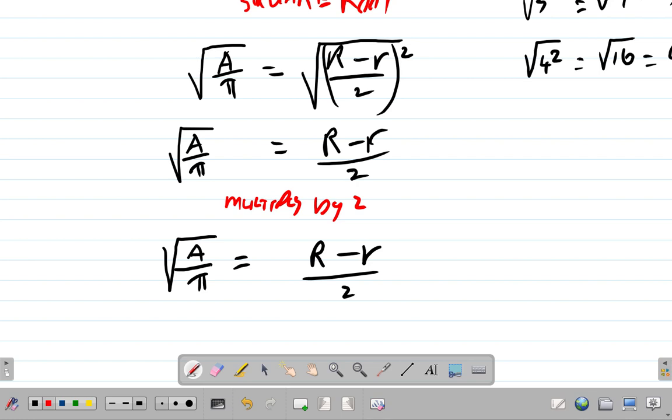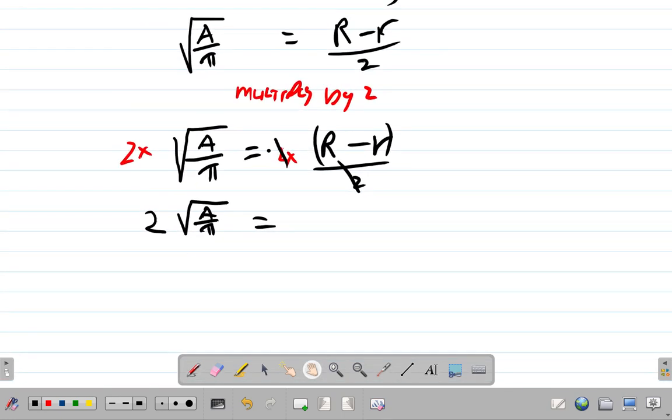But now you multiply by 2 on both sides. Remember, you can put the big R minus small r in the bracket here. When you do that, 2 cancels 2. So what you end up with here is 2 times the square root of A divided by pi equals big R minus small r.